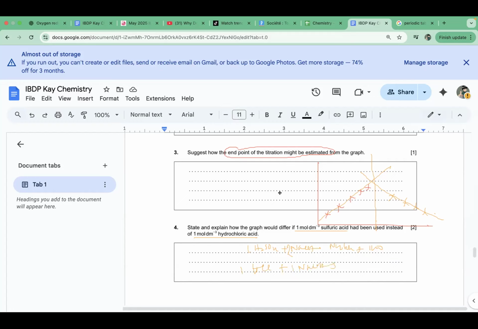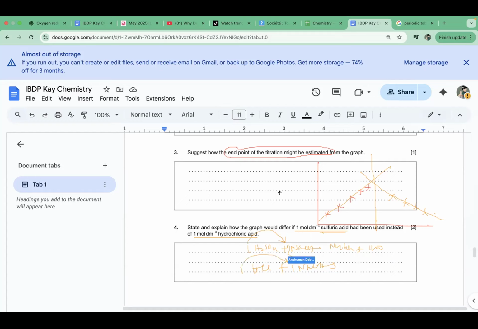Over here, if you're replacing it with sulfuric acid, 1 mole of H2SO4 requires 2 moles of NaOH, right? And here 1 mole of HCl will require 1 mole of NaOH, right?